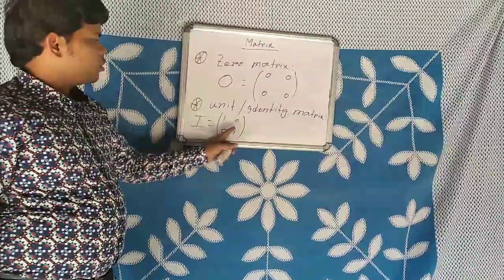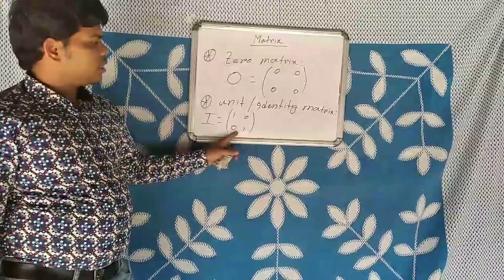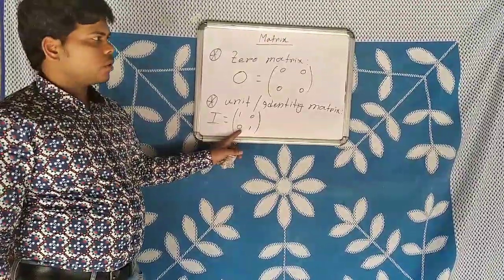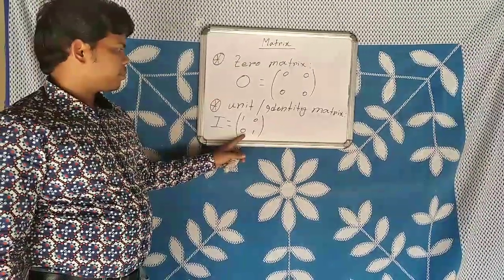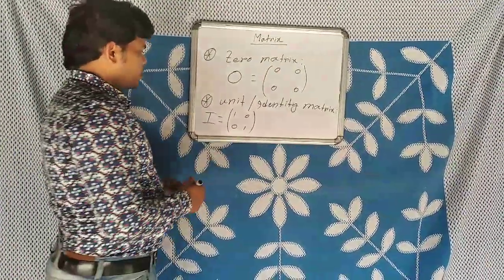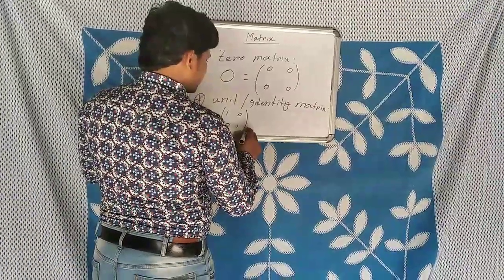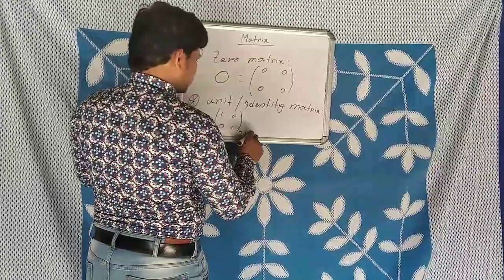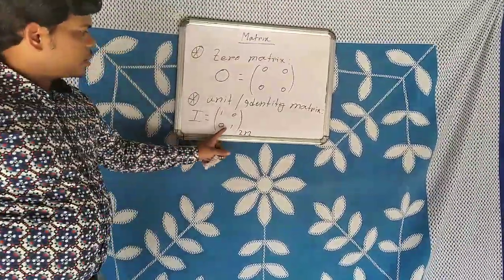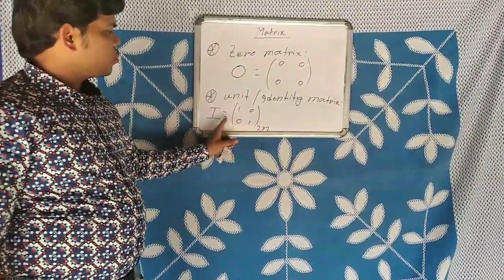This is an example of a unit matrix or identity matrix. And see here, a very important thing, the order of this matrix is 2 cross 2. This is an example of a 2 cross 2 identity matrix.